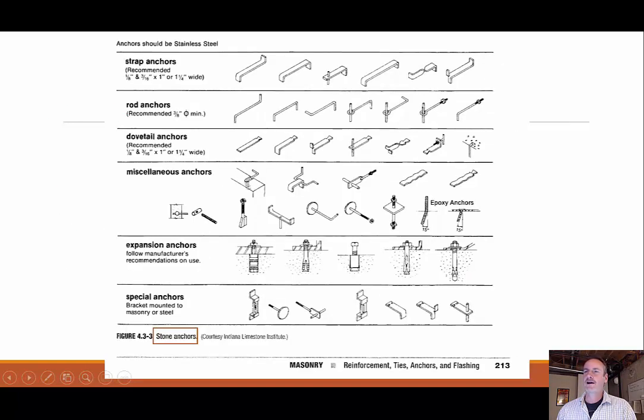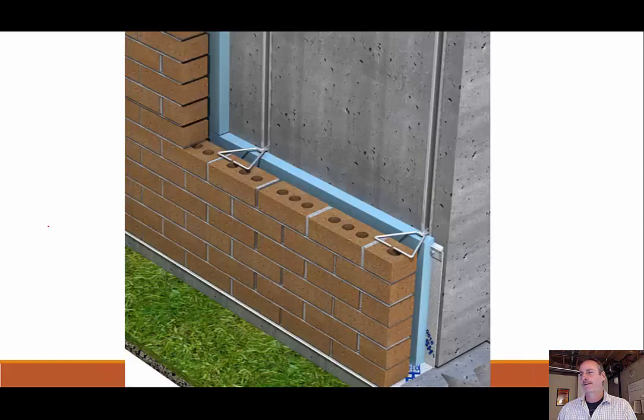So strap anchors, rod anchors, dovetail anchors, miscellaneous anchors, expansion anchors. Expansion anchors you're drilling in, and then when you tighten something down, it expands out. These parts are expanding out and creating that connection, right? Special anchors, so just a wide variety of different ways to anchor to this concrete to either hold it in place or attach something to it or whatever you're trying to accomplish, right?